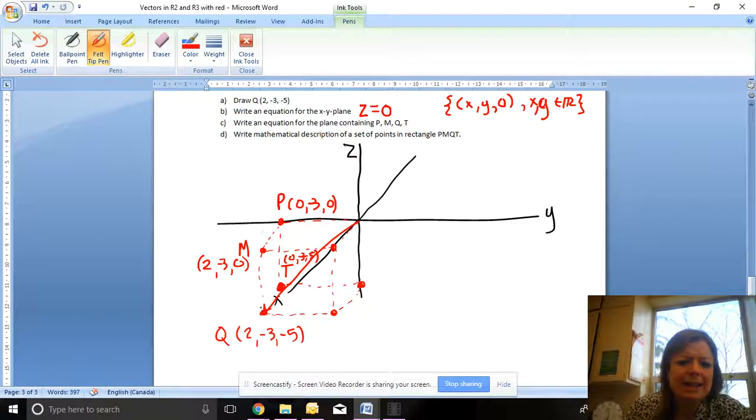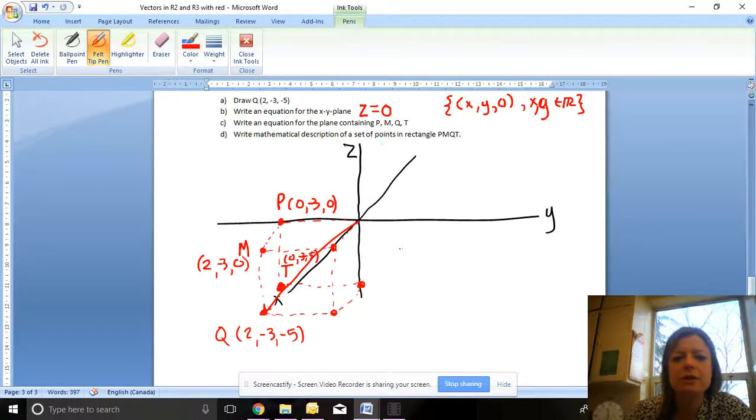So what is the same about all 3 of these points? Y is the only constant, okay? This plane is perpendicular to the y-axis, so it cuts through the y-axis at the same point. So the only thing that is constant in this plane is y.